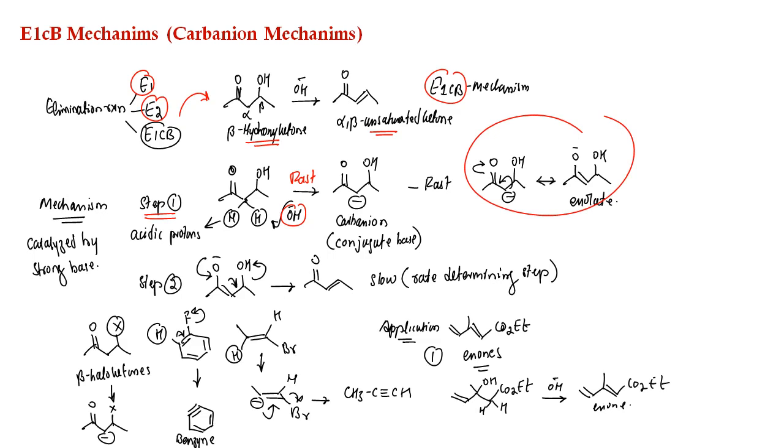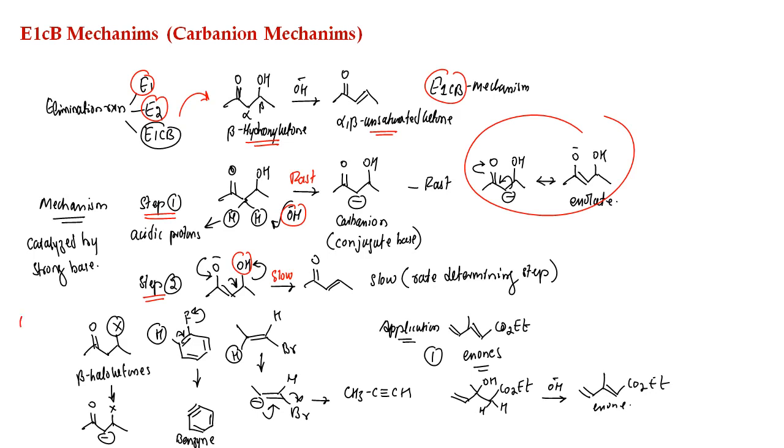In the second step, this resonance stabilized structure rearranged for expelling the beta hydroxyl group, and ultimately we get an alpha beta unsaturated ketone. This step is slow and rate determining step, as a single molecule is involved, so that's why we call it a unimolecular elimination reaction.